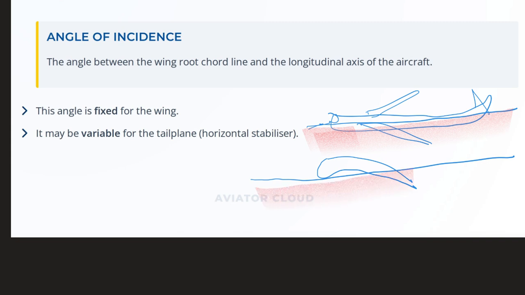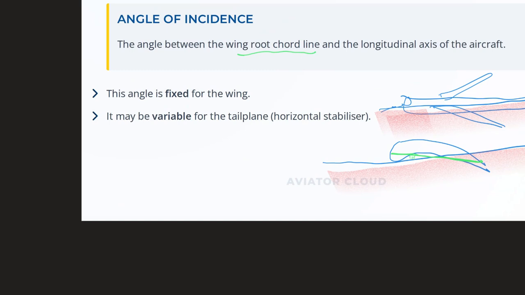And then the wing root chord line. So I need to draw a chord line from here to here. Okay, straight line. So this chord line and the longitudinal axis make an angle here, theta. If you can imagine this diagram, all your definitions will be easy to remember. So this theta is the angle of incidence.